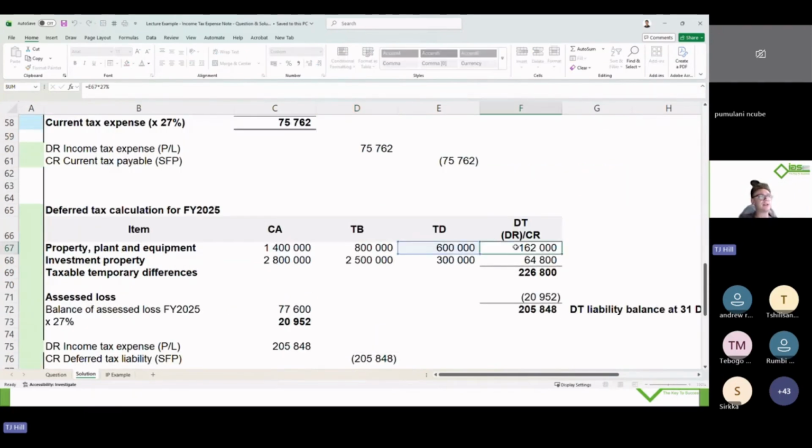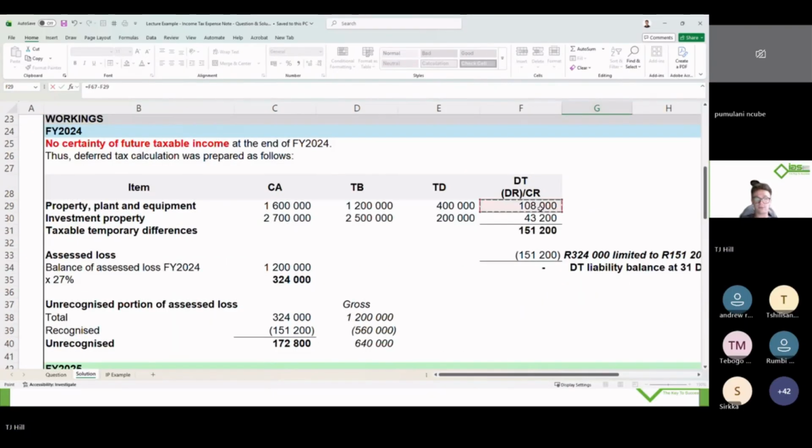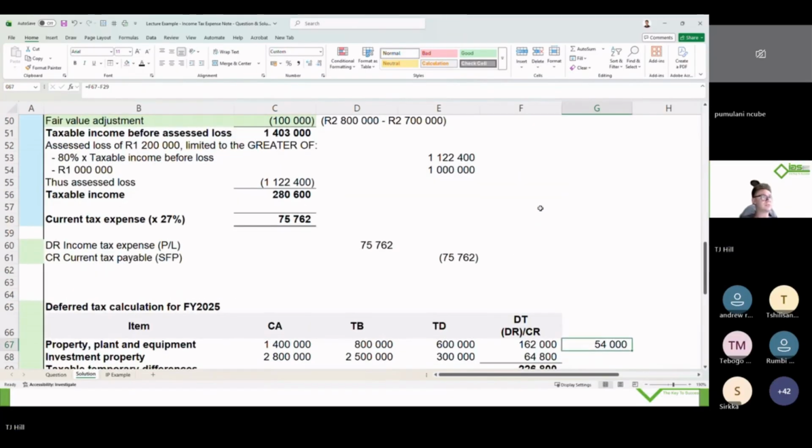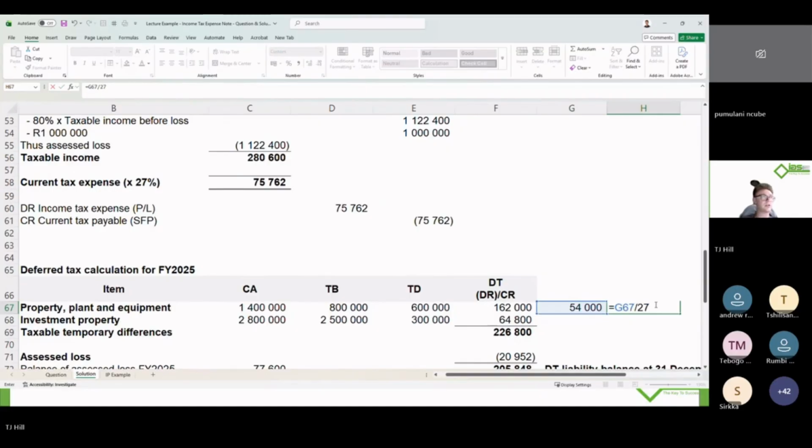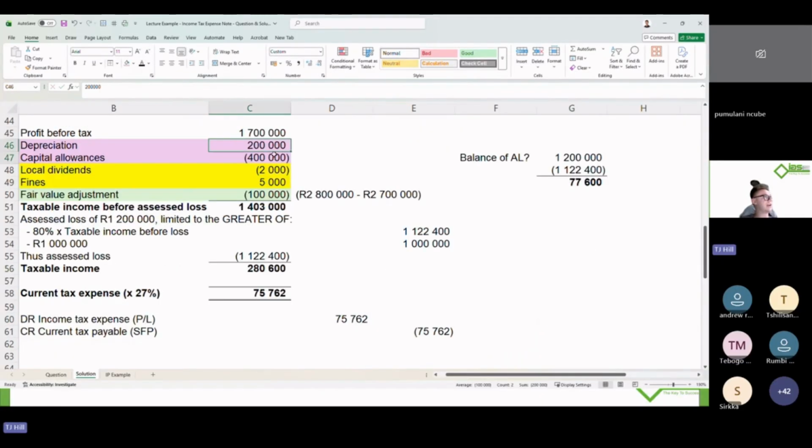I have actually accounted for the difference here. Can I prove it to you? Deferred tax in my income tax expense is my movement because this is a balance. What is my movement? Okay, at a gross is the 200, which is that.